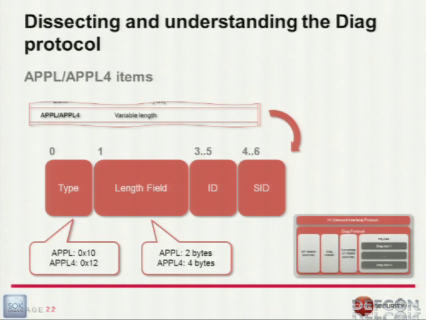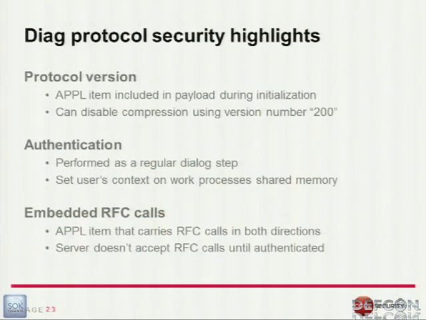So there are some highlights, or some things that I found interesting during my research. The first one is that one of the APPL items that must be included during the initialization is the protocol version.